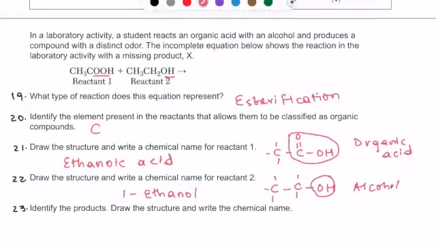Identify the products, draw the structure, and write the chemical name. Because this is esterification, the hydrogen from the organic acid and the OH from the alcohol are going to combine to make water. So one of your products is going to be water.